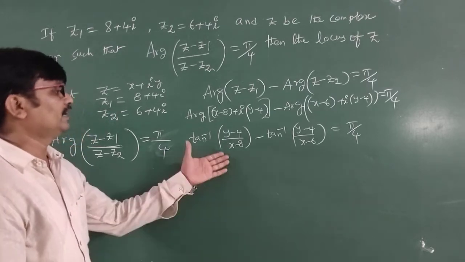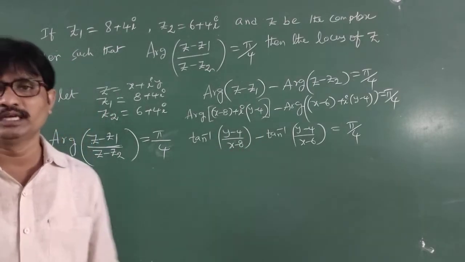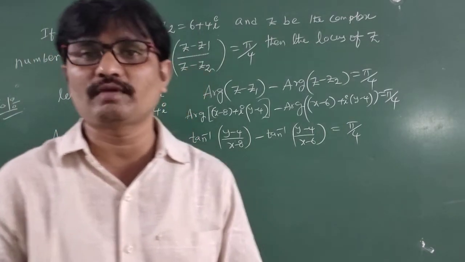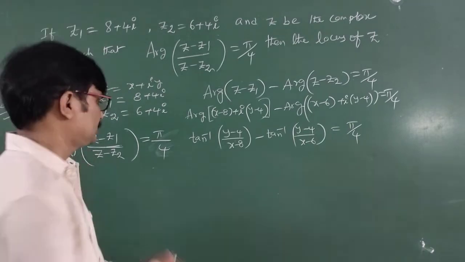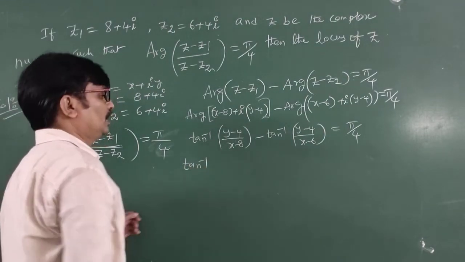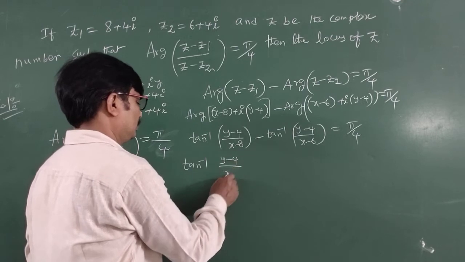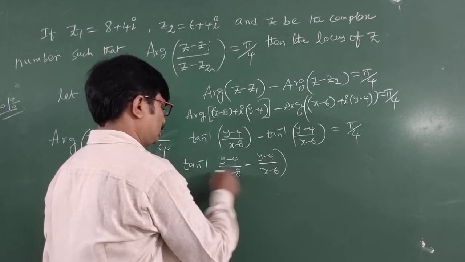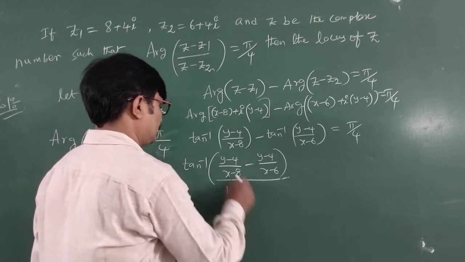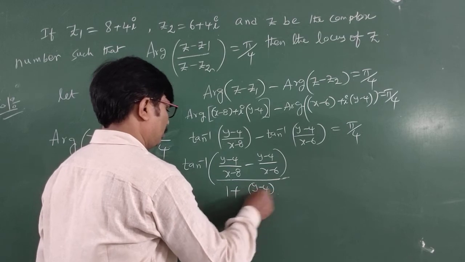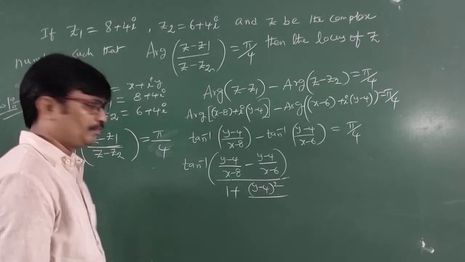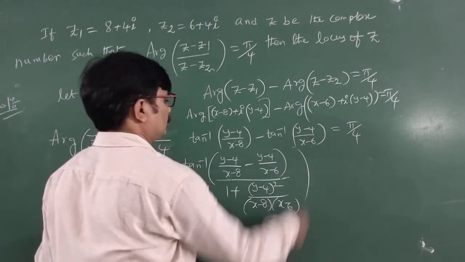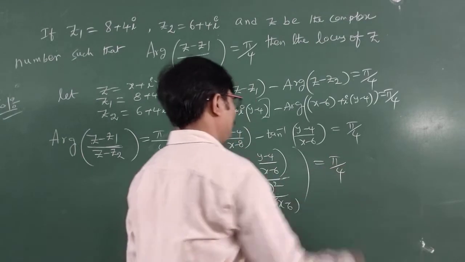Tan inverse x minus tan inverse y is tan inverse of (x minus y) by (1 plus xy). So this is tan inverse of [(y minus 4) by (x minus 8) minus (y minus 4) by (x minus 6)] upon [1 plus (y minus 4) whole square by (x minus 8) into (x minus 6)]. So students, this is equal to pi by 4.